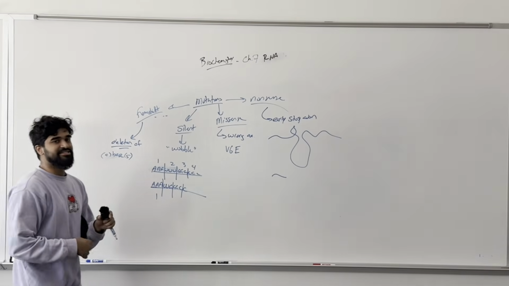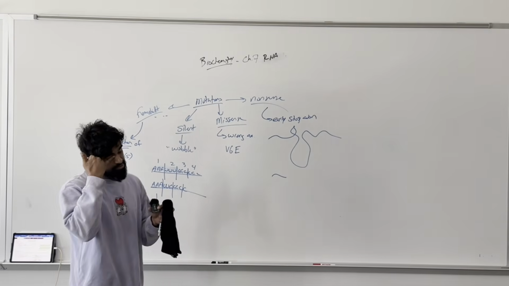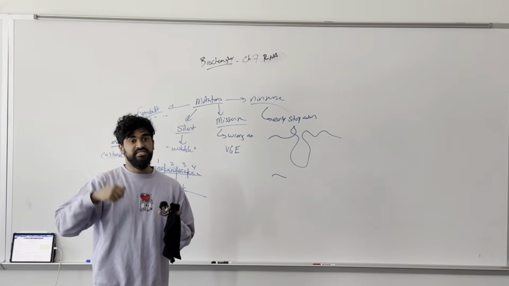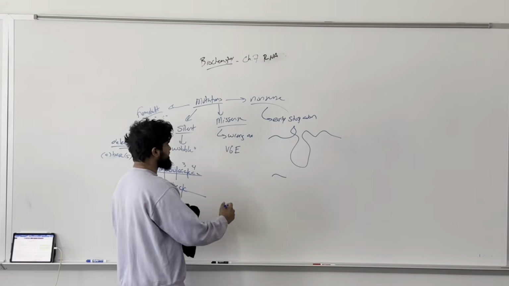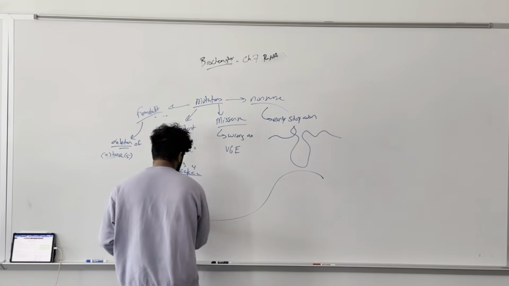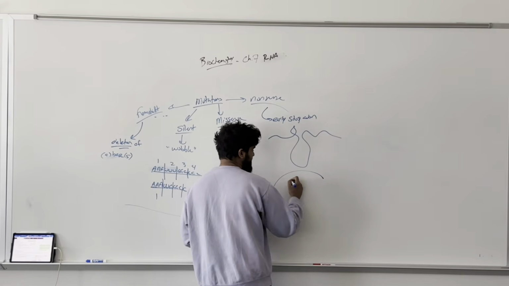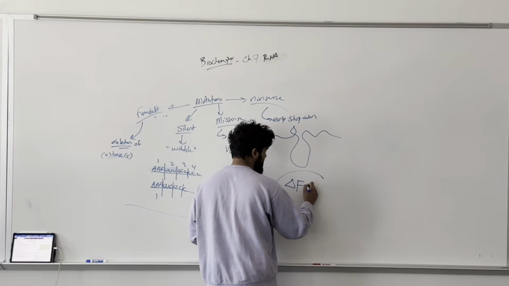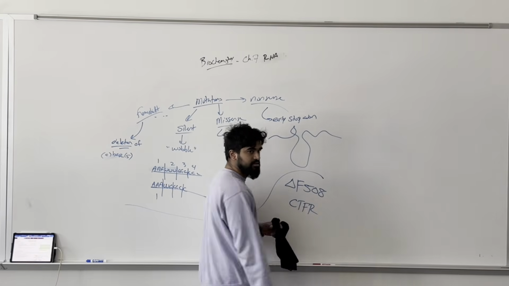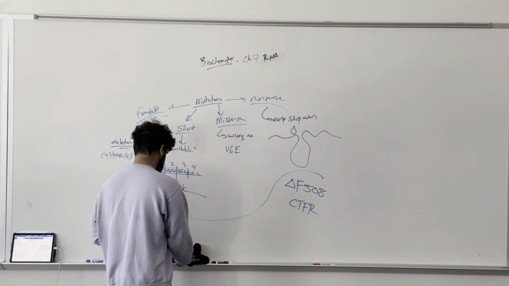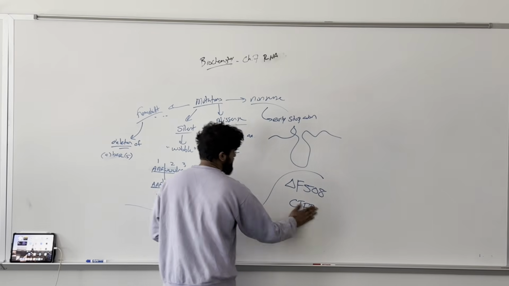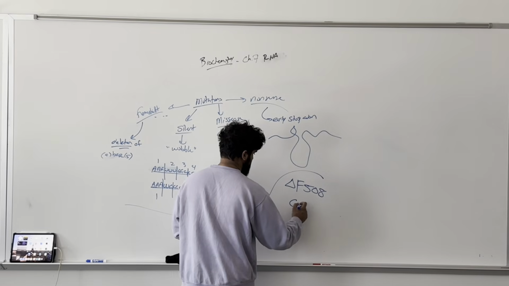There is another type of deletion that takes place, which you'll learn in medical school, and I just think it's important to bring up because you might see a passage about it every now and again. Cystic fibrosis is implicated by the delta F508 gene on the CFTR gene.